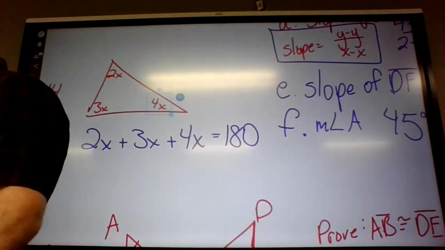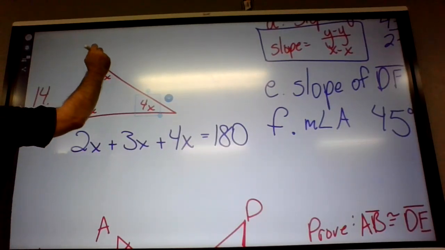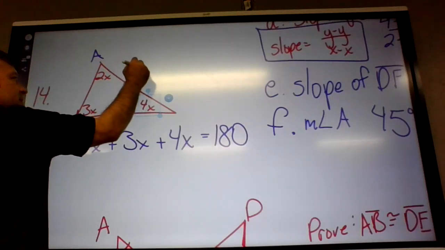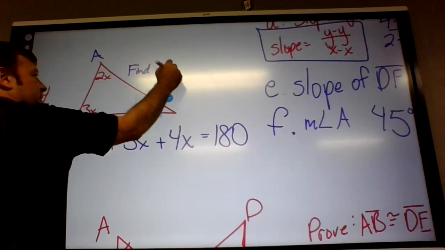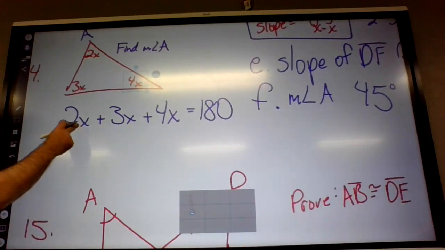Does it ask for the x or for the angles? Oh, that's for the angle. Okay, we'll say find the measurement of angle A.